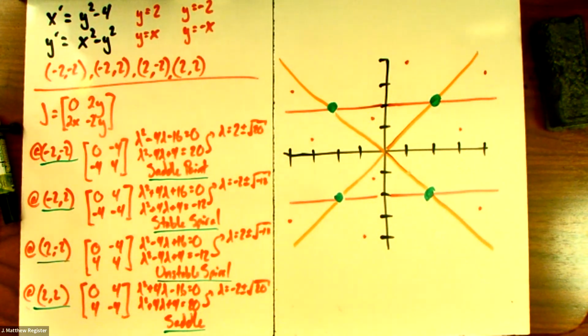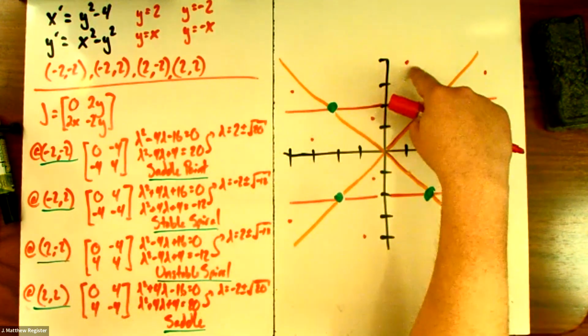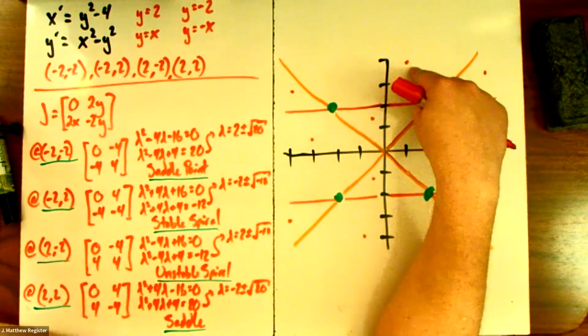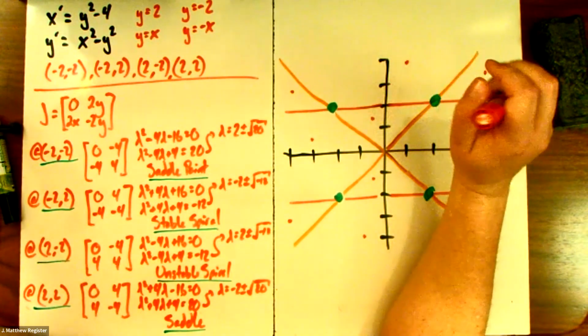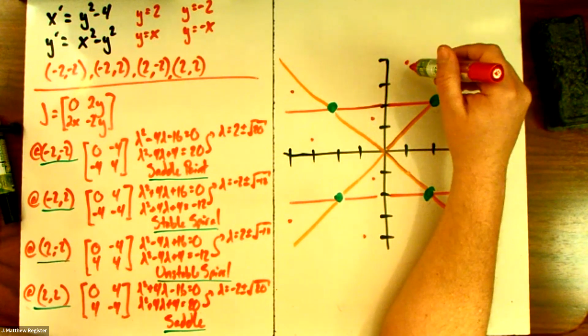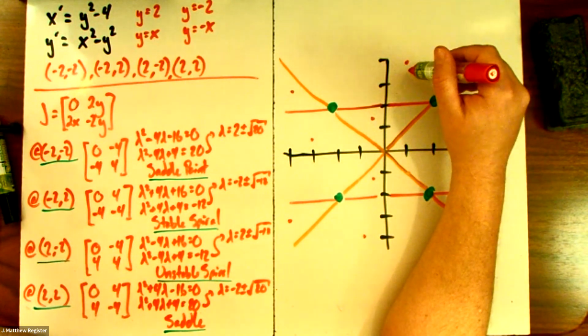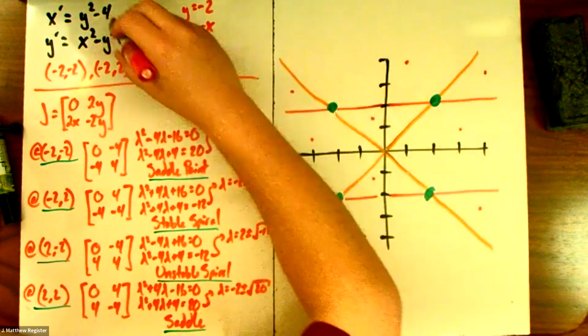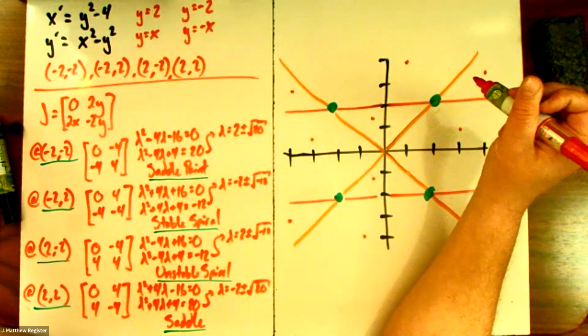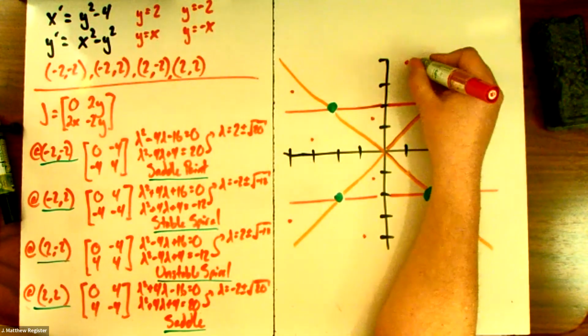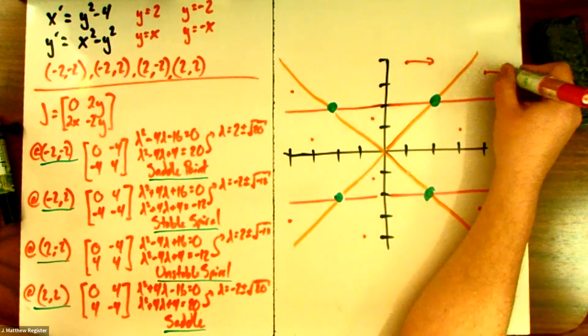Let's figure out what's happening in the x direction first. In the x direction, if we are above this line, then we know we are going to be going positive. That means that we will be going in this direction.